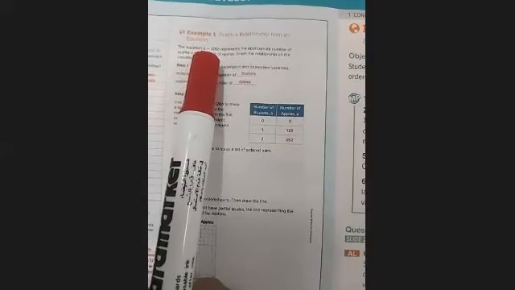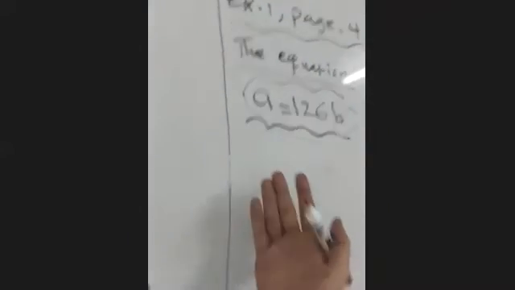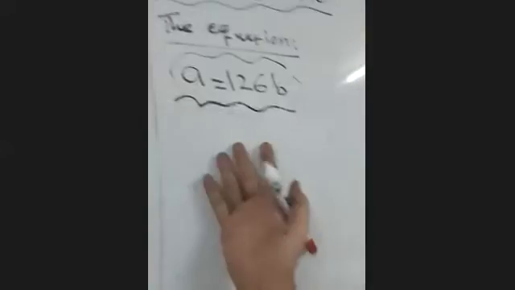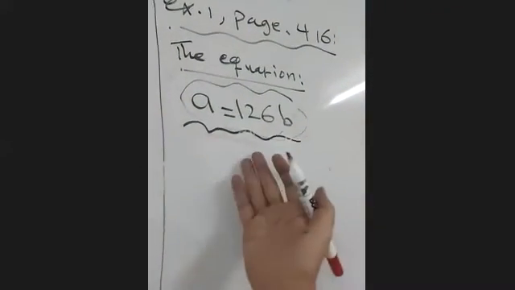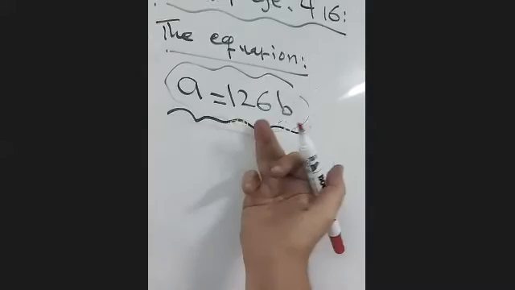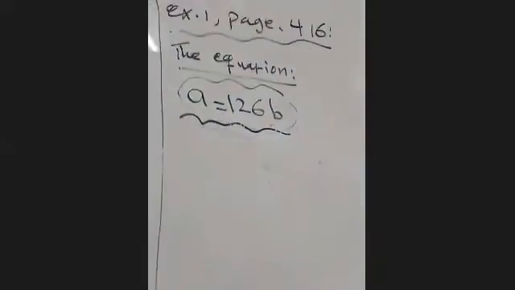Now read. The equation A equals 126b. Yes, this is the equation, it's given. In the previous lesson, like we did a few minutes ago, we tried to find the equation, but here the equation is given. We will use it. A equals 126b. Continue. Represents the approximate number of apples A in B bushels of apples.